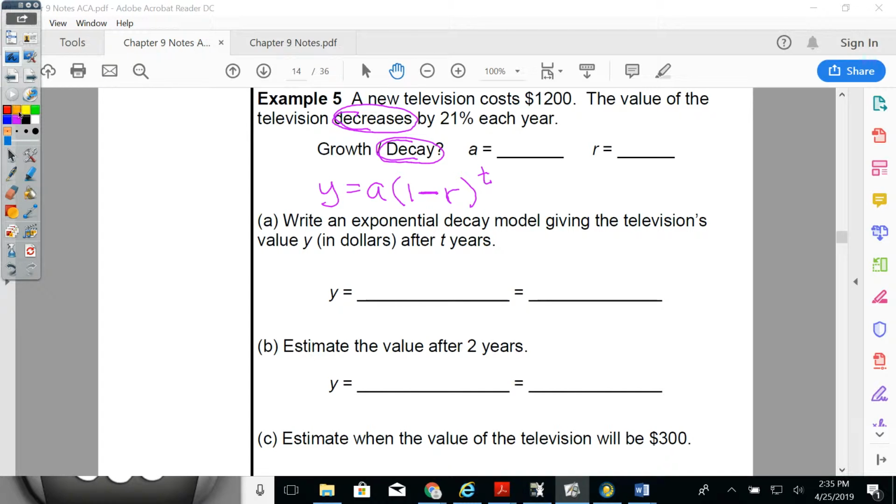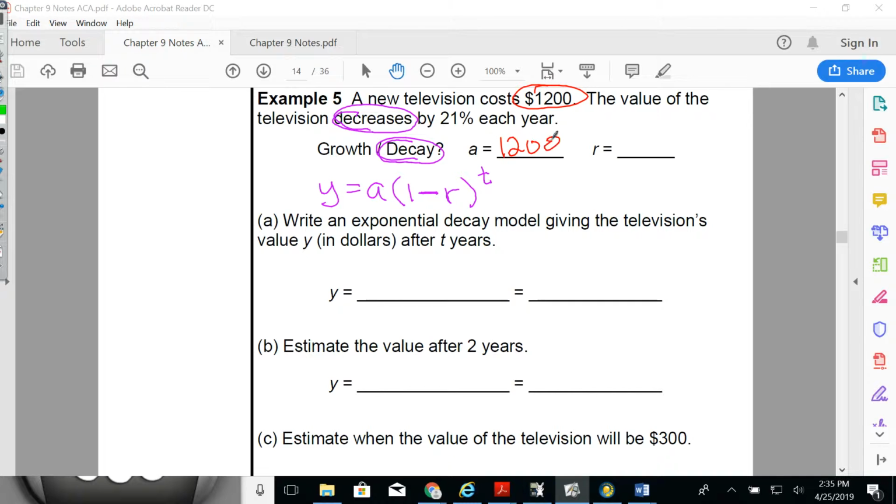Your A value is what you start with. So the new TV costs $1,200. That's going to be the A here. And then the rate that it declines at or decreases at is 21%. So again, 21%, we want to move the decimal place back twice.